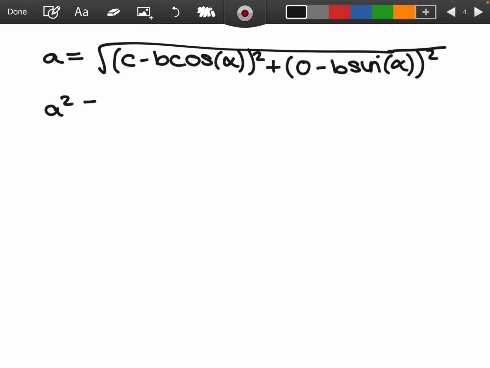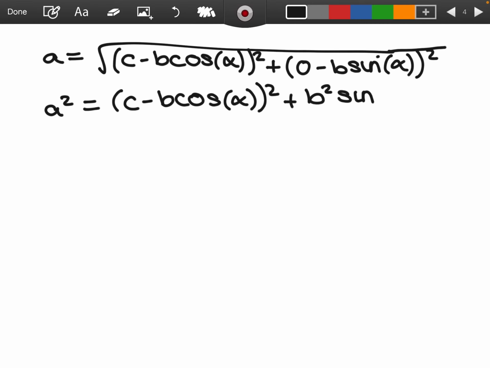Now, if I square both sides, I'll get rid of that square root. That leaves me with (c minus b cosine alpha) squared, and then plus (0 minus b sine alpha) squared. That's going to give me negative b sine alpha all squared, which is plus b squared sine squared alpha.